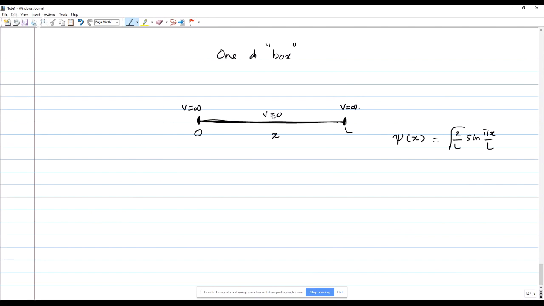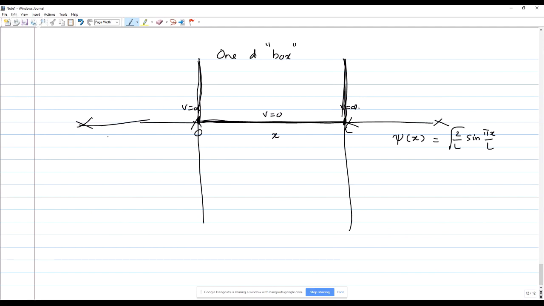Therefore, most people put a pictorial representation saying that this is the 1D box, and so on. All it means is that there is no point beyond x equal to 0. The particle cannot be anywhere here. No, it is not allowed.